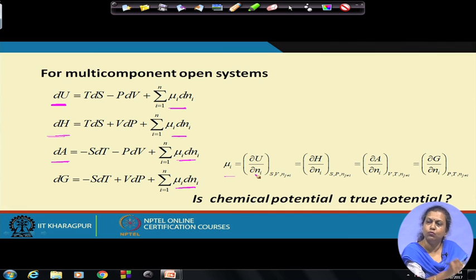Just like mu for single component systems, in this case also it corresponds to the molar internal energy or the molar thermodynamic potential subject to the respective constraints, and in reality it is the molar isobaric isothermal potential when the number of moles of any one component is changed while the number of moles of the other components are kept constant.